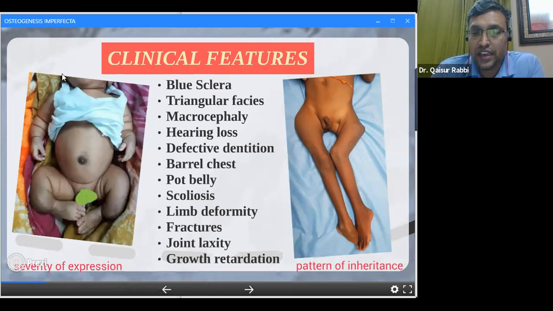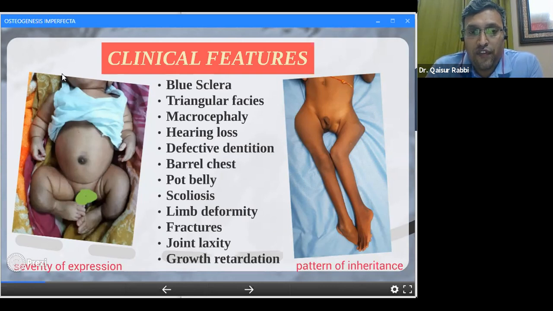Gravis is those children who were diagnosed with fracture or bone bowing before 1 year of age, and those who were diagnosed after 1 year of age are diagnosed as osteogenesis imperfecta tarda levis. But it seems incomplete.